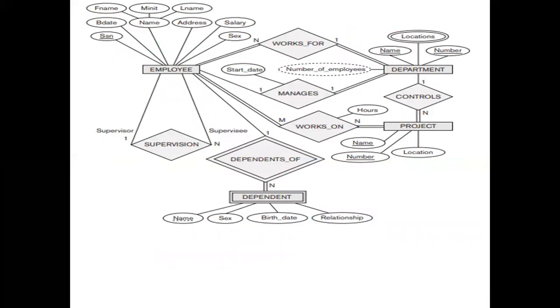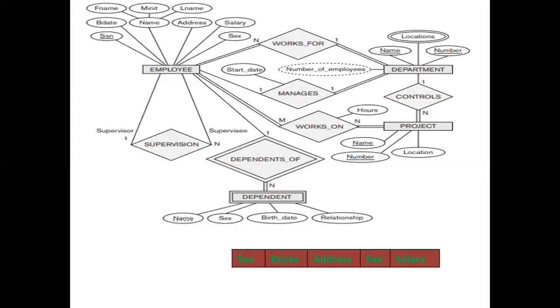Let's start with the employee table. Which are the simple attributes of the employee table here? SSN, birth date, first name, middle initial, last name, address, salary, sex. These are the simple attributes. First SSN, birth date, address, sex, salary we have given.